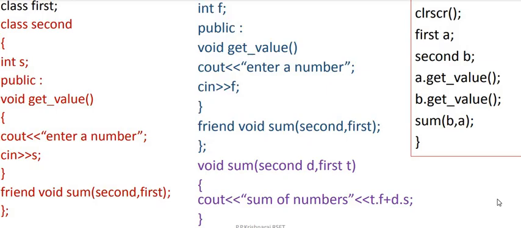See, I am declaring a friend function inside class second with the two objects as an argument, second comma first. But where is the class first here? So that is the reason, even though the class first is not defined here, it is declared. As it is declared, I can use it inside the friend function.